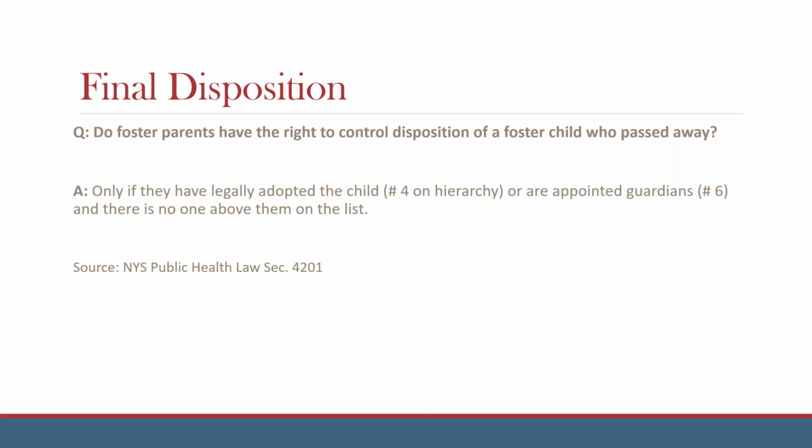The other way it could happen as a foster parent is if you are then subsequently appointed legal guardian by a court, which puts you number 6 on the list. And again, as long as you are the highest person on the list at that time, you would have the right to control disposition.